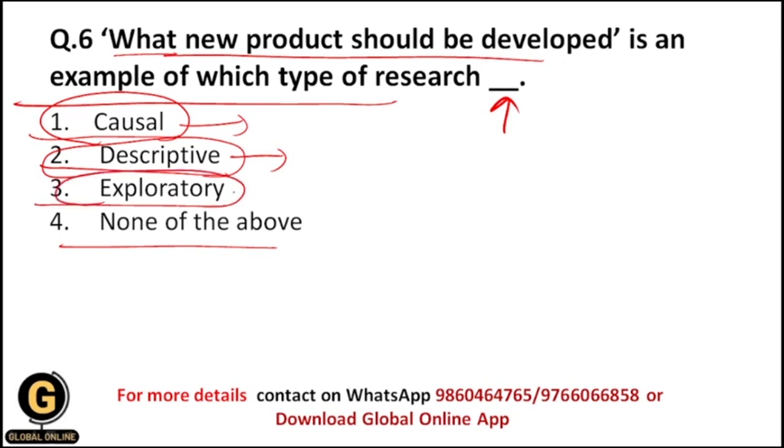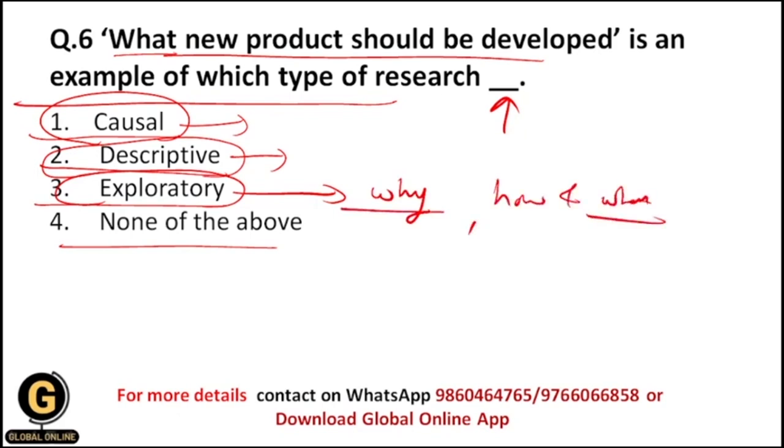And in exploratory research I am going to explore the things. It means that I have only a basic idea about the research, or I don't have that much information about the research study, and that's why I am going to explore the things. Basically exploratory research is incorporated so that I will get the answers to the questions why, how and what.